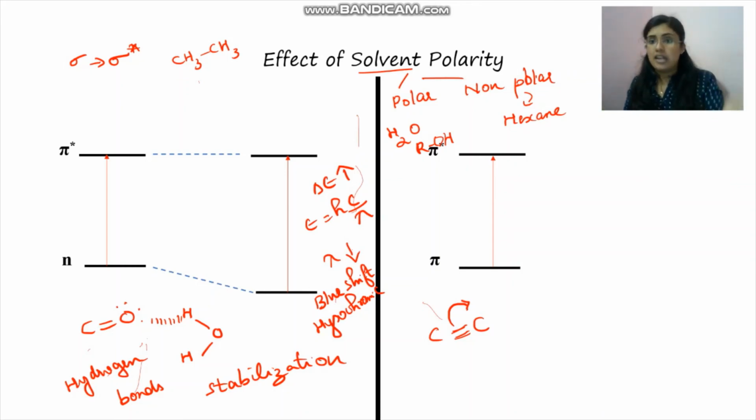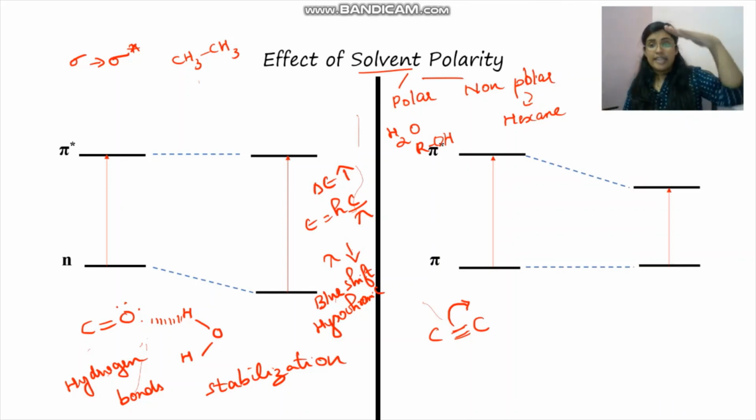In pi to pi star transition molecules, my excited state is more polar, and such molecules would show dipole-dipole interactions in the pi star antibonding or excited state. As a result, because of this stabilization from the dipole-dipole interactions, the pi star orbital becomes stabilized and decreased in energy.